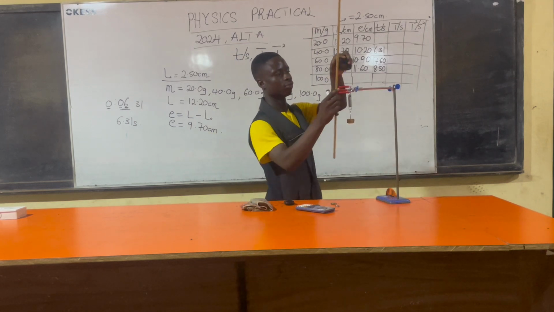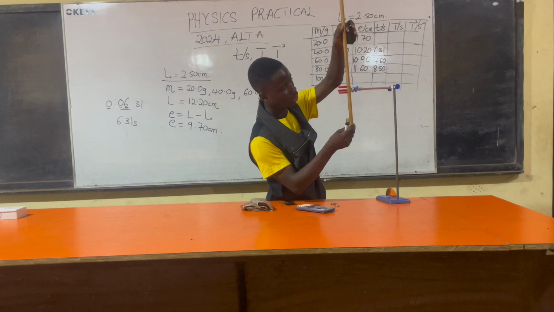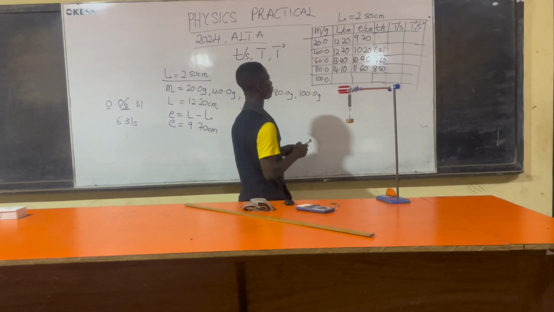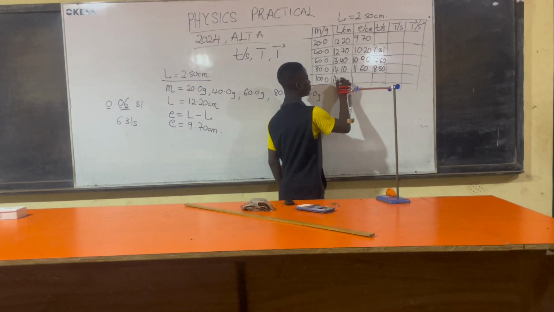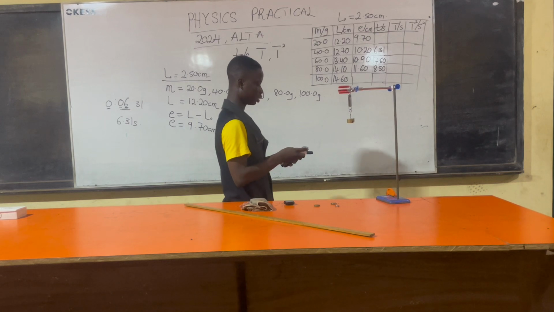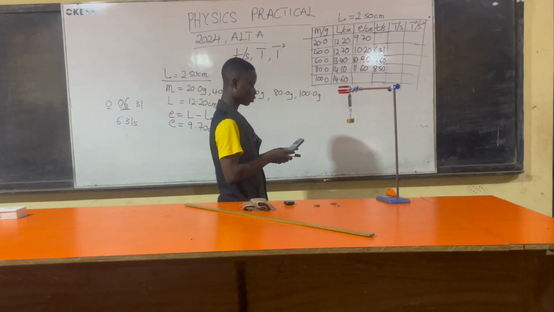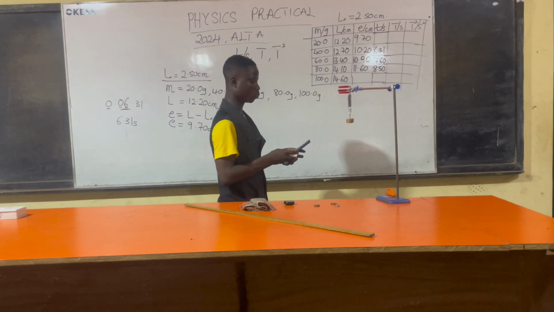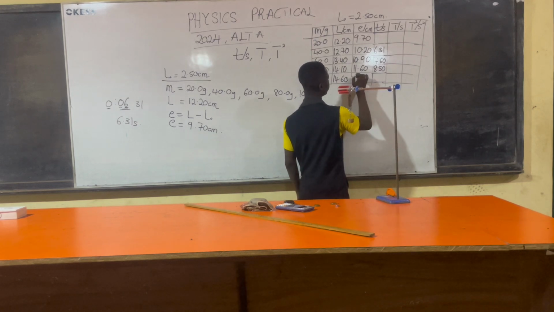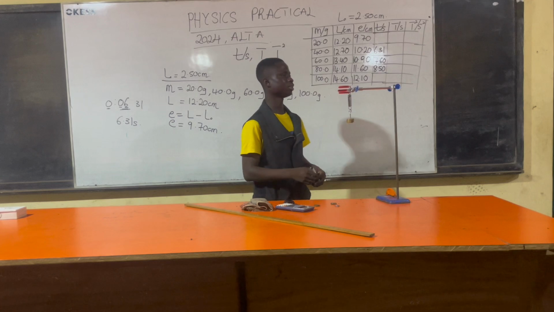Let's measure our value for L. For L, we have 14.60. Our extension will be 14.60 minus 2.50, we have 12.10 for the extension.